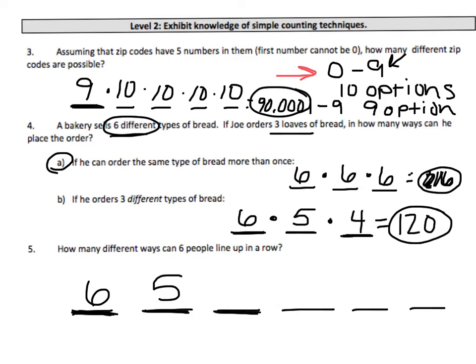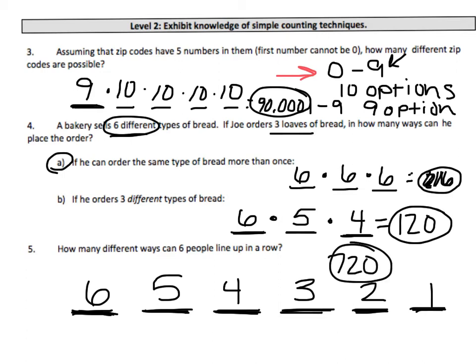I can't have the same person in the first and the second spot. So now I have 4 people left that could be in that third spot. And same thing going down the line. There are only 3 people left to line up in the fourth, 2 people left to line up in the fifth, and then your last one is just going to line up in the sixth. So I'm going to multiply 6 times 5 times 4 times 3 times 2 times 1. And that's going to give you 720.